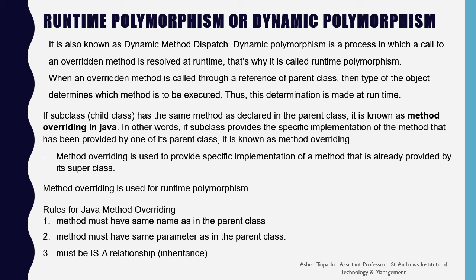If the subclass, also known as the child class, has the same method as declared in the parent class, it is known as method overriding in Java. In other words, if a subclass provides the specific implementation of the method that has been provided by one of its parent classes, then it is known as method overriding.